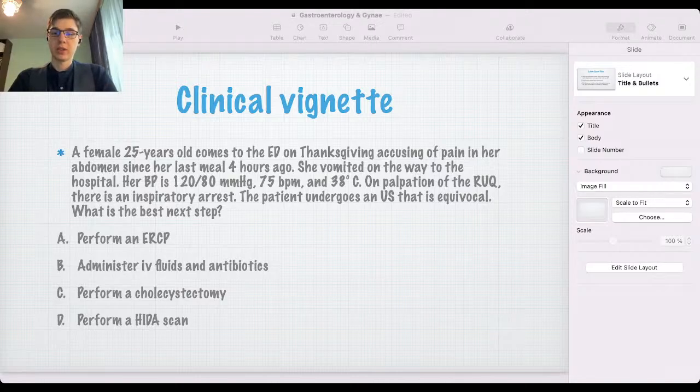We have a HIDA scan. We have a B, we administer IV fluids and antibiotics. Okay, could you tell us why? Also Shekhar and A, okay. Please tell us in the chat, why do you think the answer is A, B, or a HIDA scan?